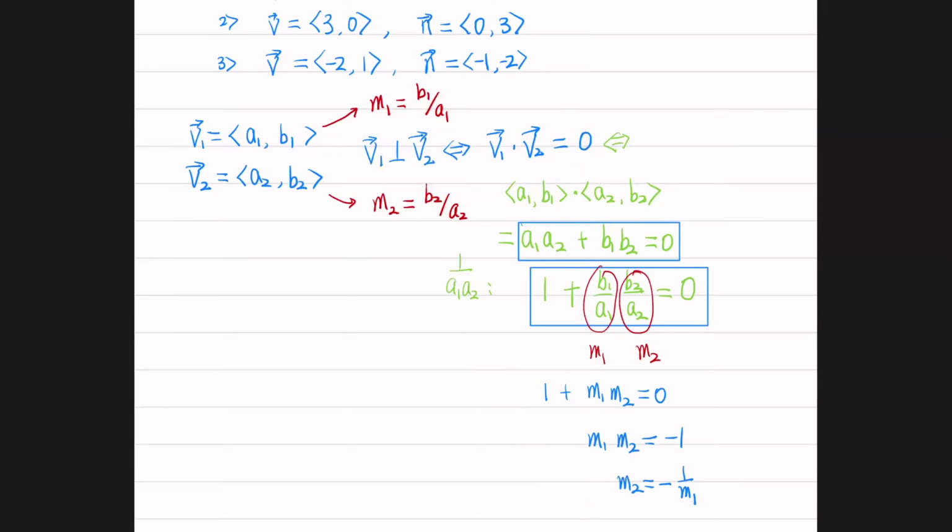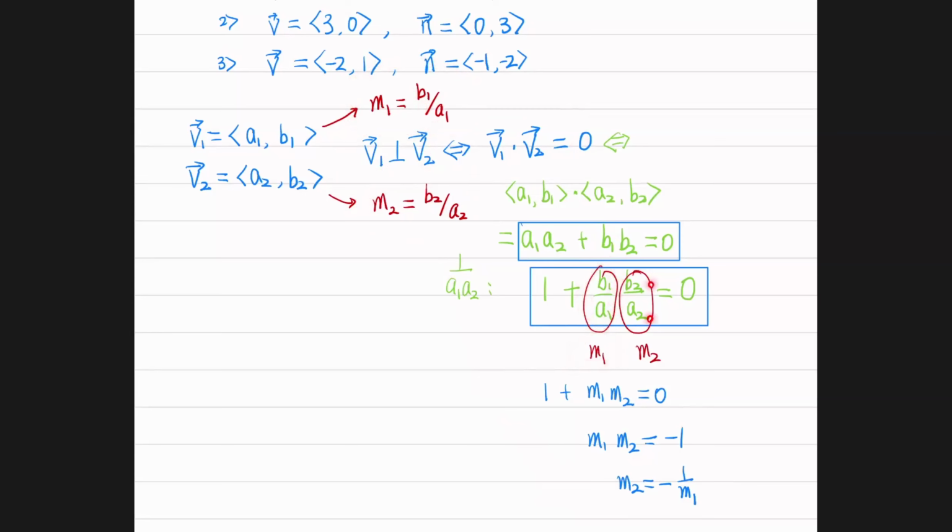So we proved that B1 over A1 is the same thing, right? So this is the slope. Slope is the ratio of the two components. So we have the first slope, B1 over A1, and the second slope, B2 over A2.